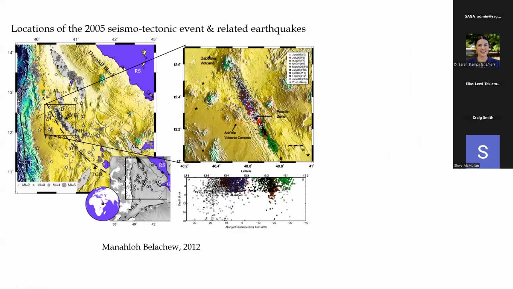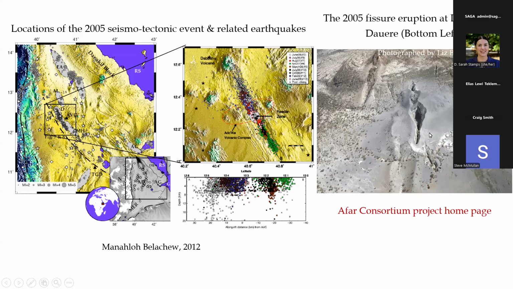If we focus in and see the number of earthquakes that occurred during 2005, this is from the work of Manhalo, because a lot of seismometers were installed in this area. You can see that the number of earthquakes is huge if we count the small earthquakes also. This was due to the dyke event that took place in 2005.